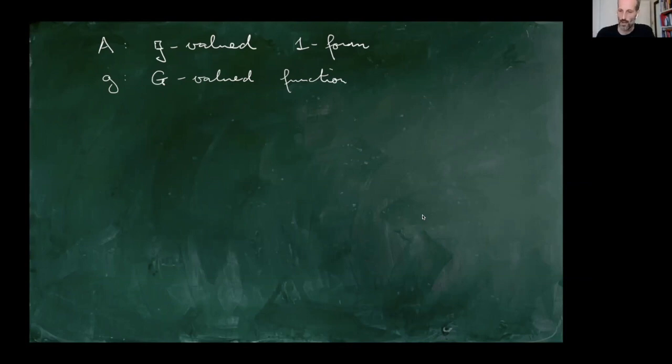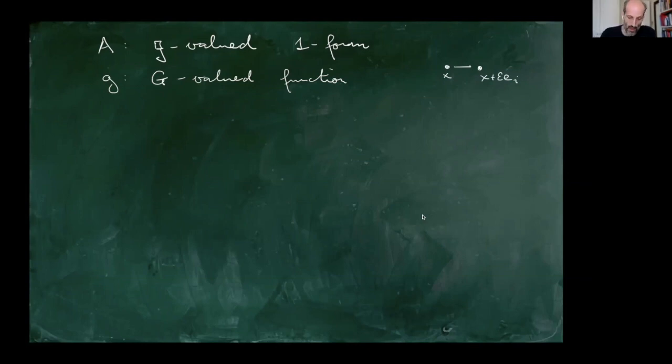Okay. So we look as before. So let's just look at one edge, where we have x here, and we have x plus epsilon e_i, and we just look at what happens along that edge.